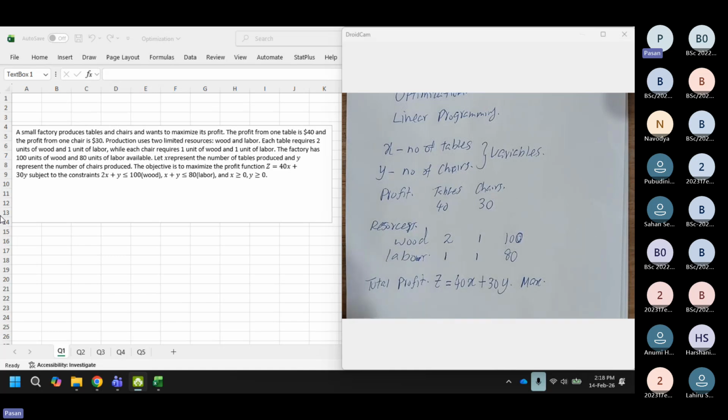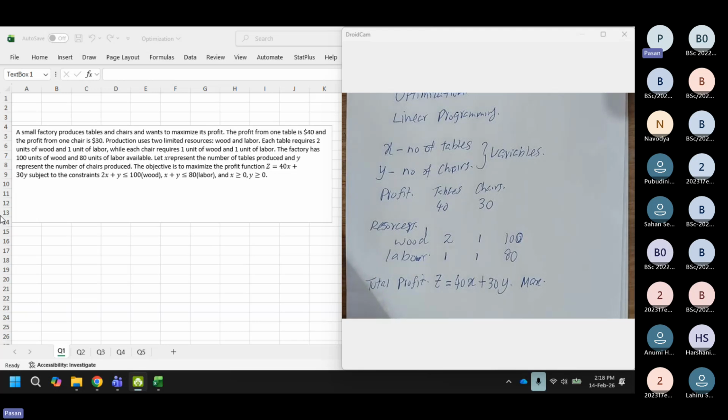But once you produce the 50 tables, in terms of labor we have used only 50 of the 80, so that 30 is wasted, right? We are not using it. So if you're producing only the tables, there's a disadvantage to that.